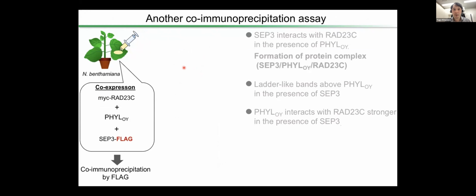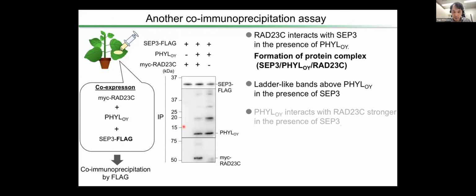Next, we performed another co-immunoprecipitation assay using FLAG-tagged SEP3 instead of FLAG-RAD23C. The results were basically the same. RAD23C interacts with SEP3 only in the presence of PHYL1-OY, and ladder-like bands above PHYL1-OY were observed.